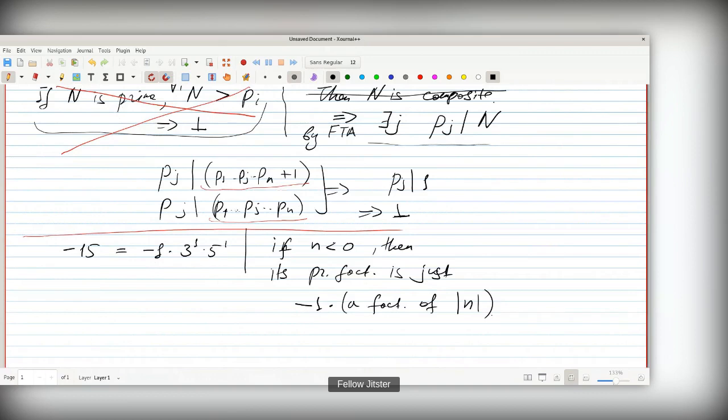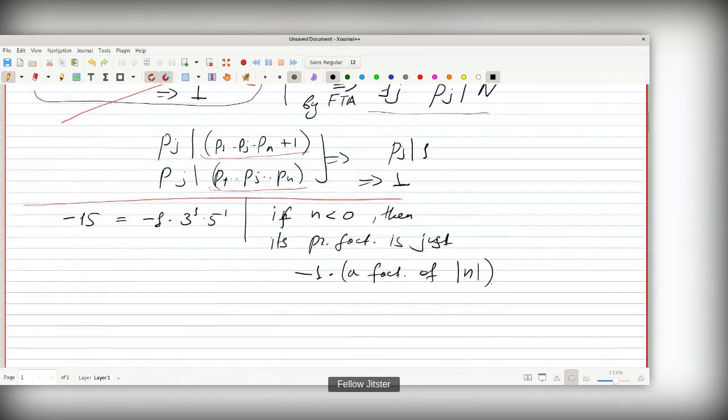So we can say that every negative number also has a prime factorization, which is obtained by multiplying a factorization of its absolute value, which is unique, as we know, by minus 1. With this in view, we can state the following important divisibility criterion.